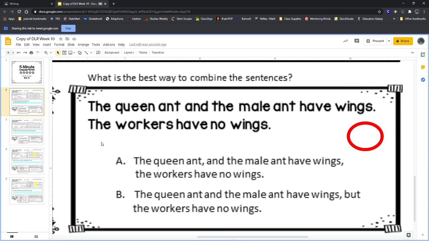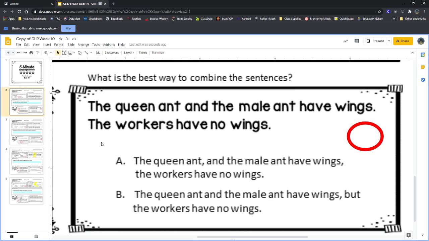Okay, this last part is pretty familiar to us now. We've got 2 sentences, and they want us to combine them, make it into one sentence. The sentences say, the queen ant and the male ant have wings. The workers have no wings. We have 2 ways to combine them. A says, the queen ant and the male ant have wings.